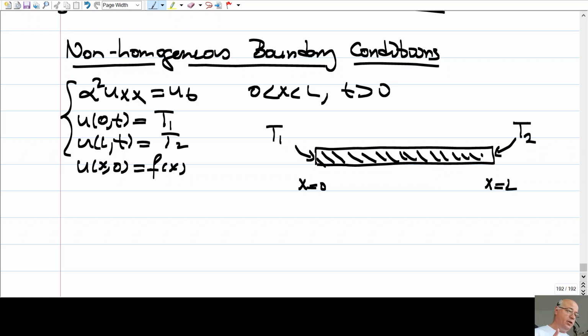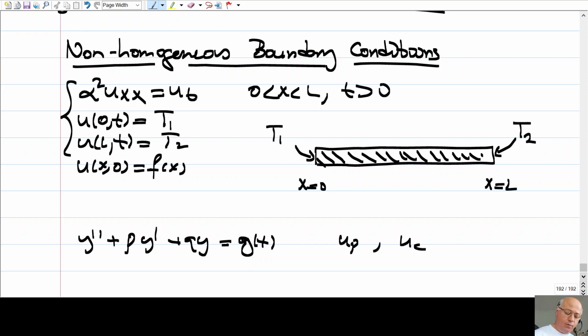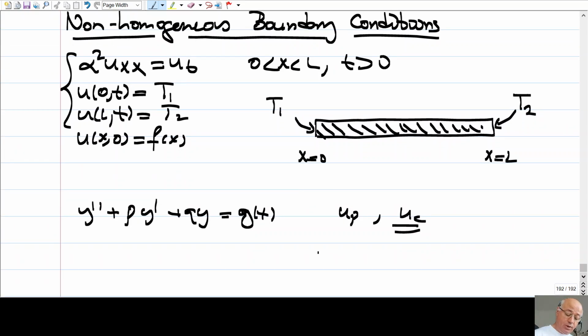Actually, it is almost the same idea we used when we considered ordinary differential equations. Remember, for a non-homogeneous equation, what we do is find a particular solution and find the complementary solution, which is the solution for the homogeneous equation, and then the general solution would be just the sum of these two, right?